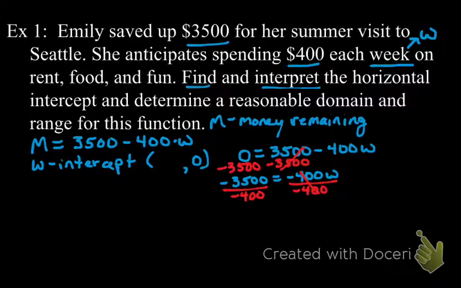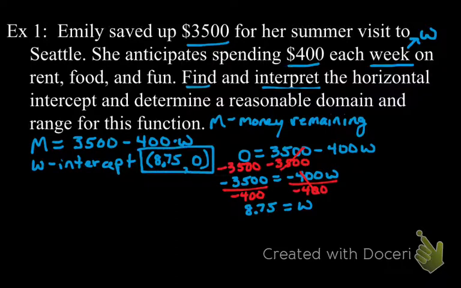And so what we have left here is 8.75 equals w. So that is our w-intercept, 8.75, that's a decimal point, 8.75 comma 0.